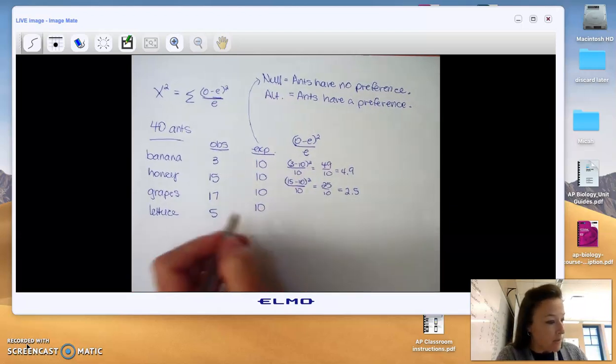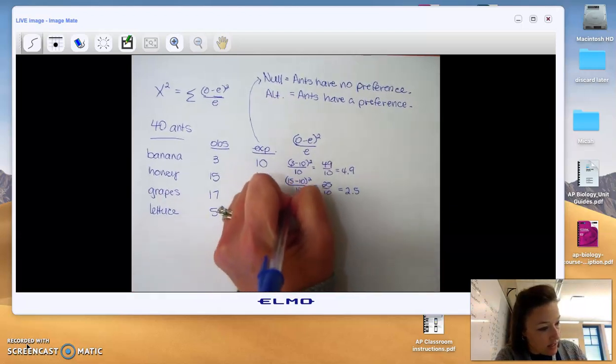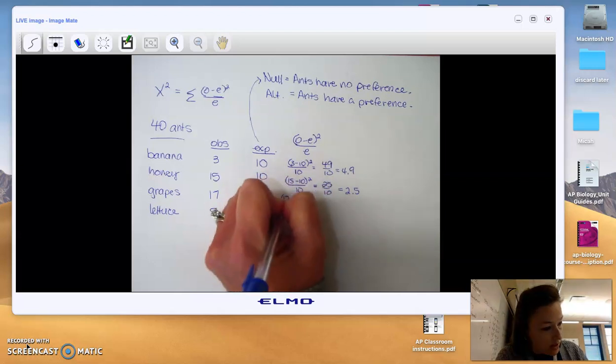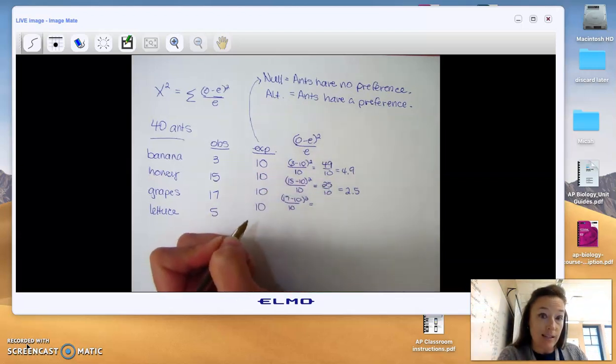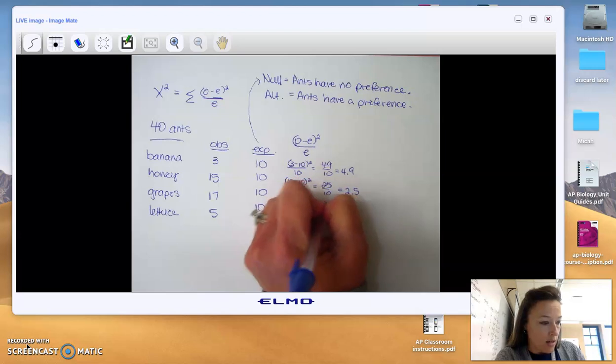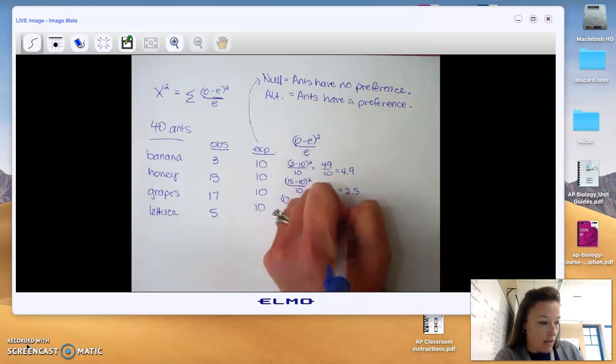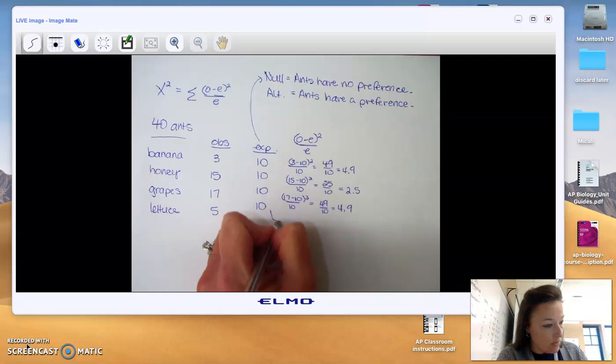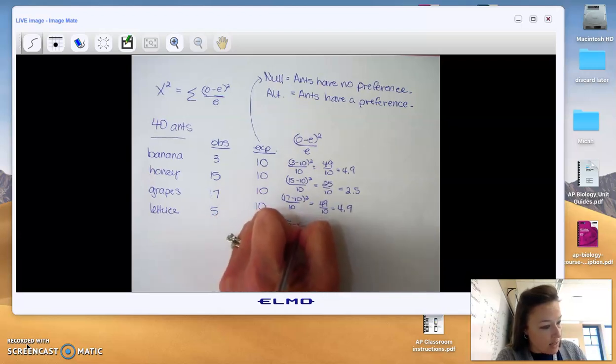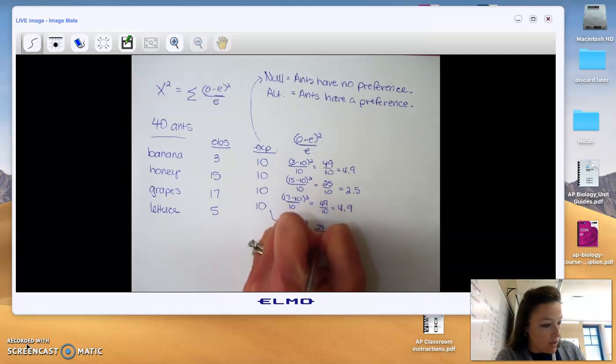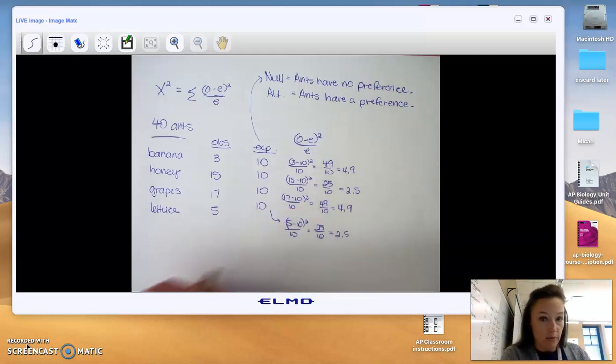Then 17 minus 10 squared over 10. 17 minus 10 is again 7. 7 squared is 49 over 10. That's 4.9 again. And then 5 minus 10 squared over 10 is 25 over 10, which equals 2.5.